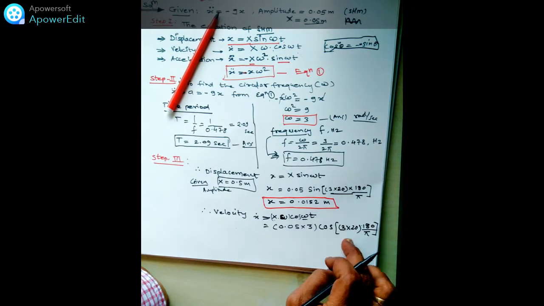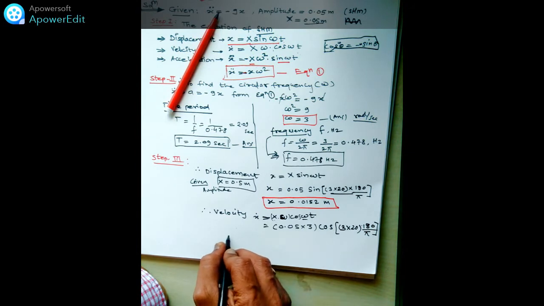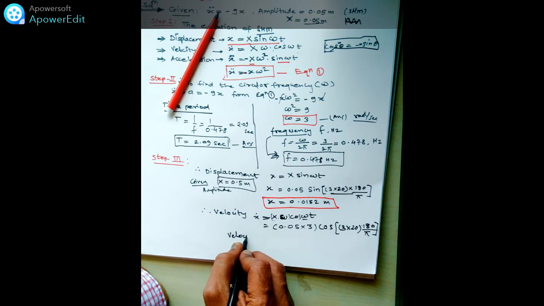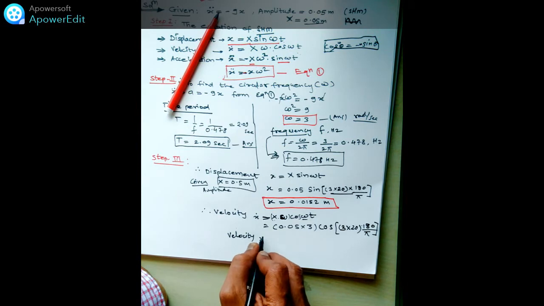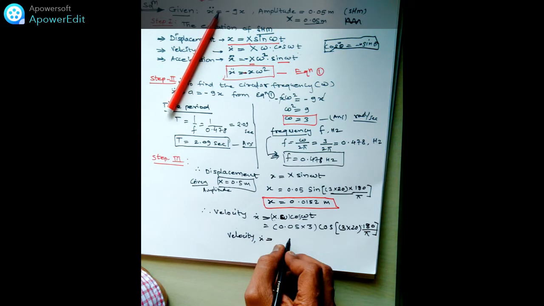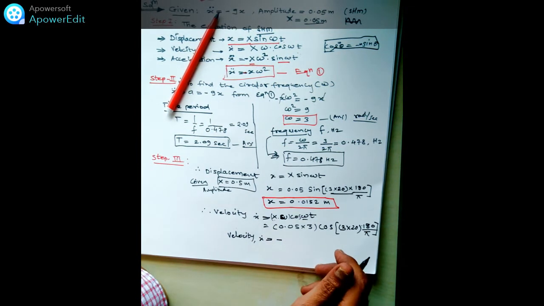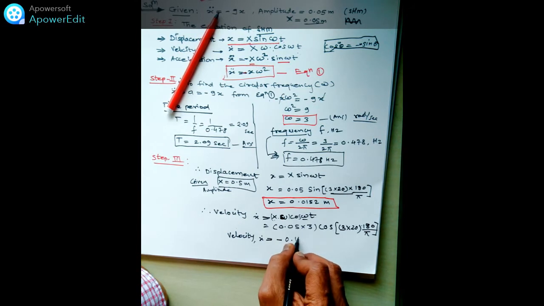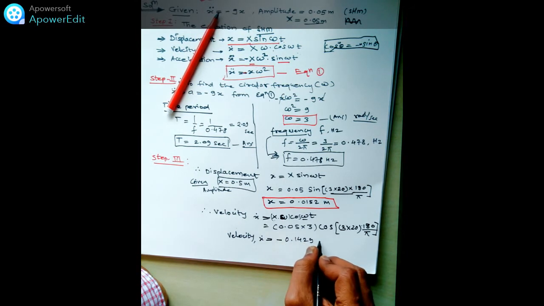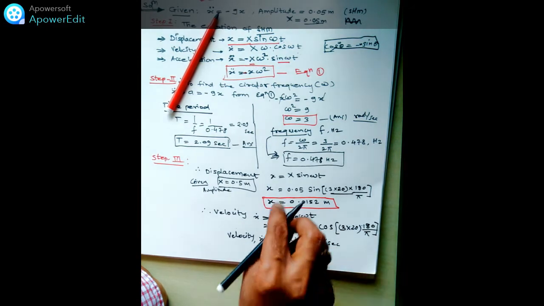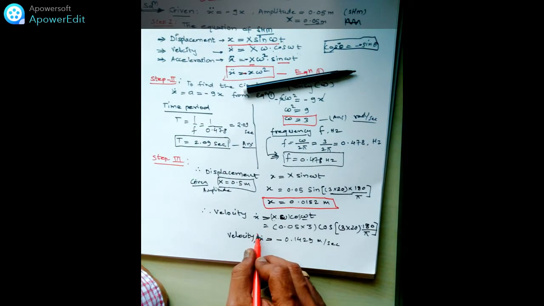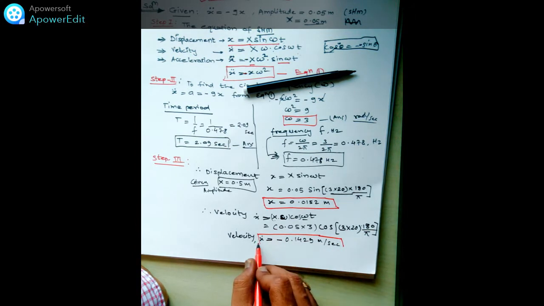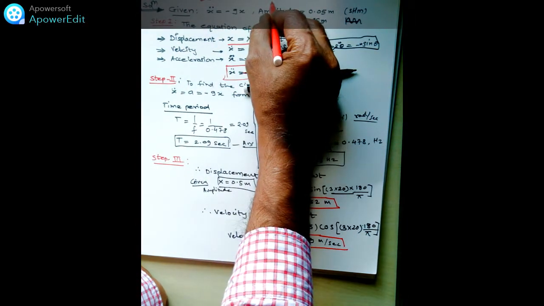Just solving this, we get the value of velocity, x dot, which is equal to minus 0.1429. As this is velocity, the unit is meter per second. So this is the answer.